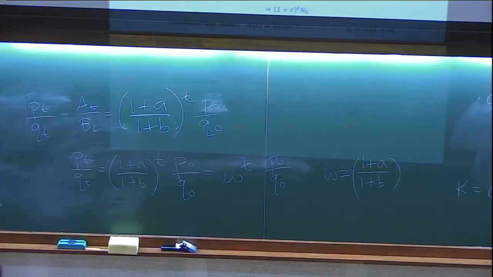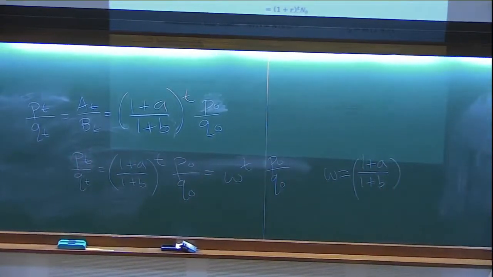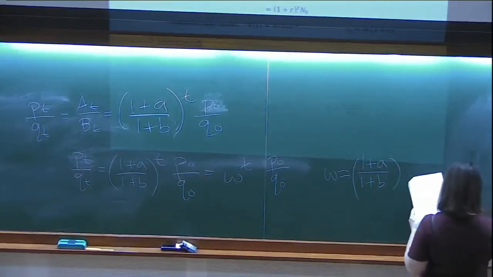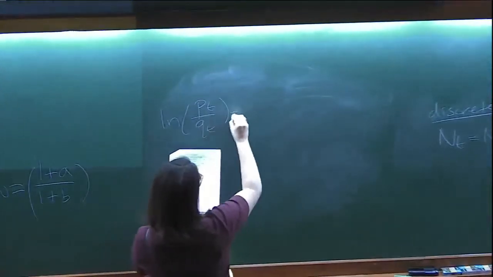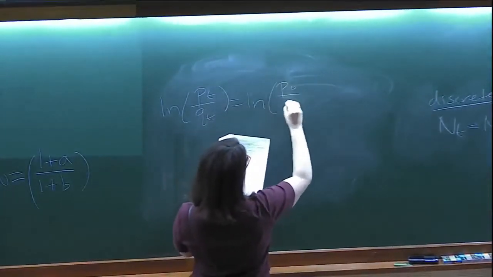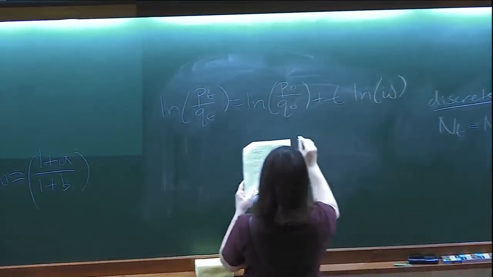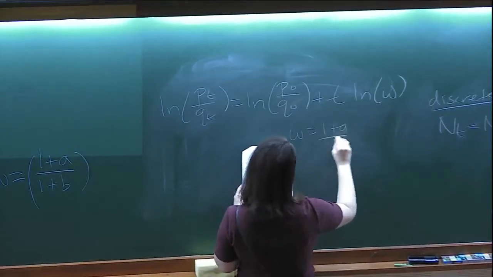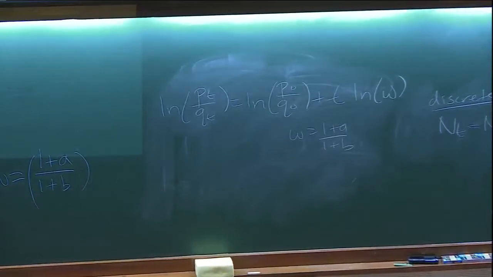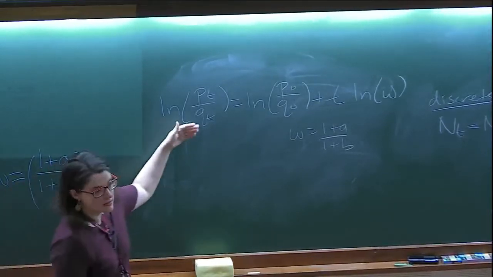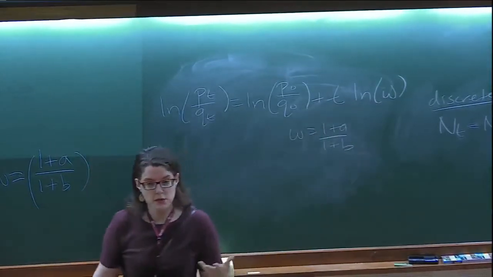You can take logarithms of both sides, write it in maybe a more standard way. And when you write it this way, you can see that if I plot the log of the ratio of the two frequencies against time, the slope of that line should be the fitness.